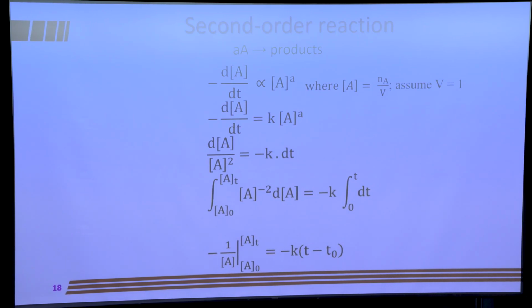But this time it's second order, so alpha is 2. So we put A to the power of 2 here, and we integrate that. The integral of A to the power of minus 2 is minus 1 over the concentration of A. And then we integrate that from the concentration of A at time 0 to the concentration of A at time t, and that's equal to minus the rate constant times t minus t0.